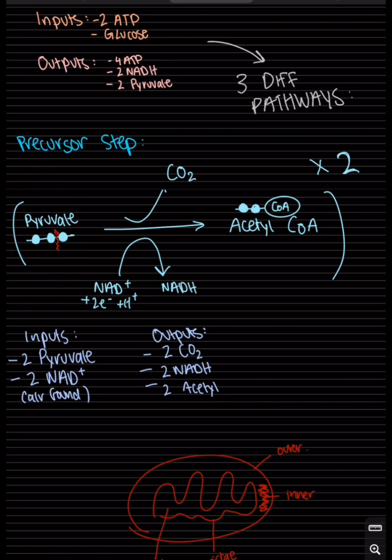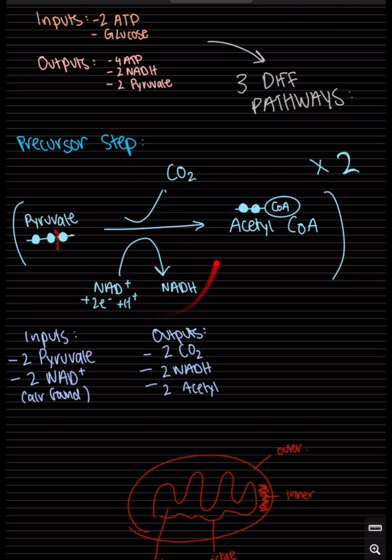So pyruvate is undergoing oxidation, where it's losing its electrons. It's losing its 1 carbon as carbon dioxide, and its electrons are combining with NAD plus and then the hydrogen ions, or the protons, already found in the inner membrane space, and it's making NADH. And as it's converting, it's trapping energy in NADH.